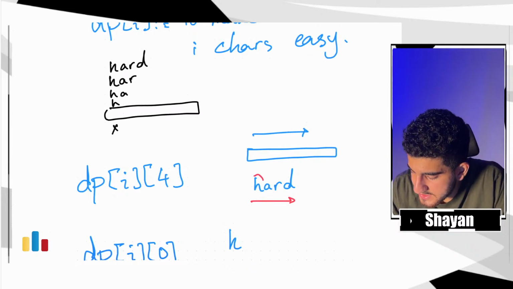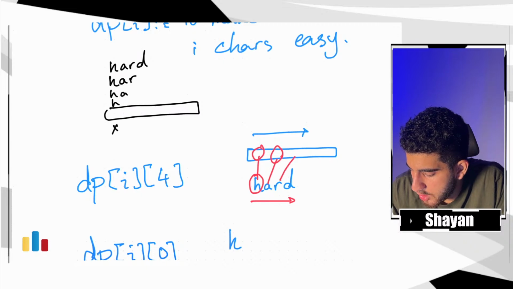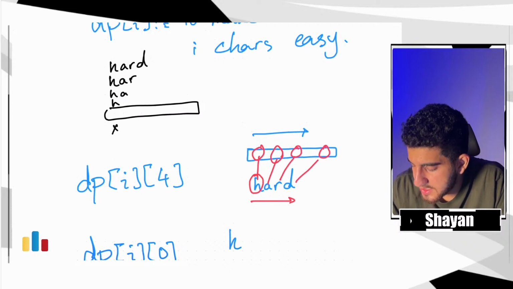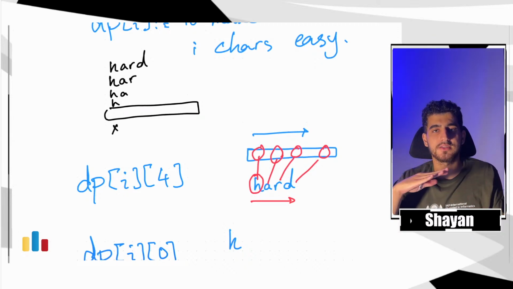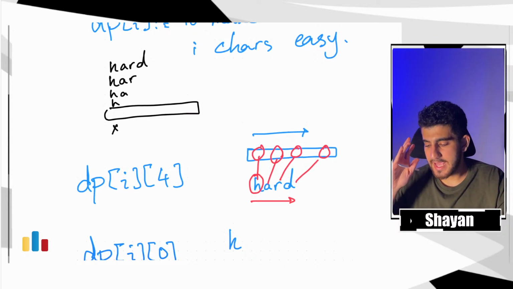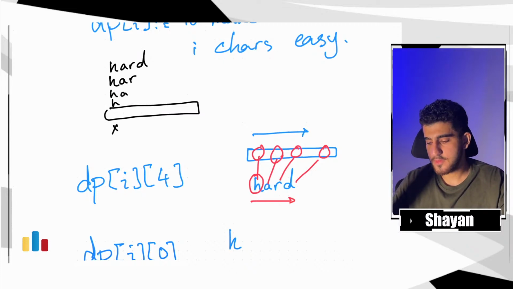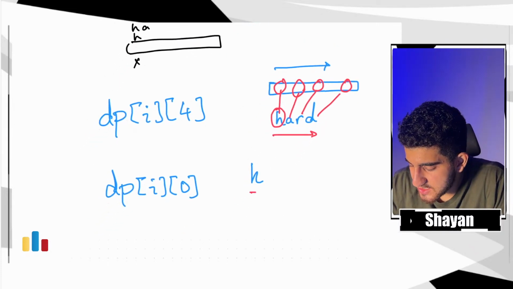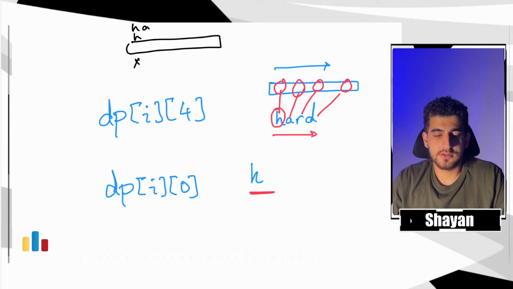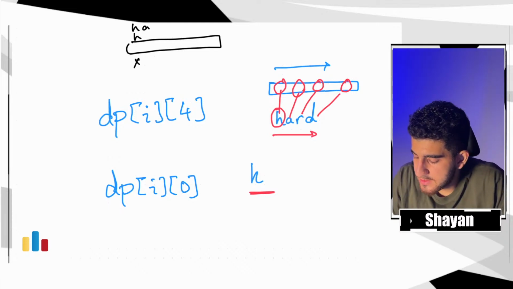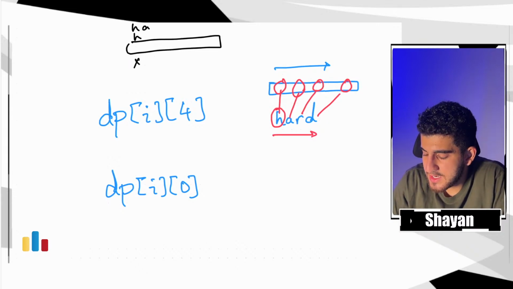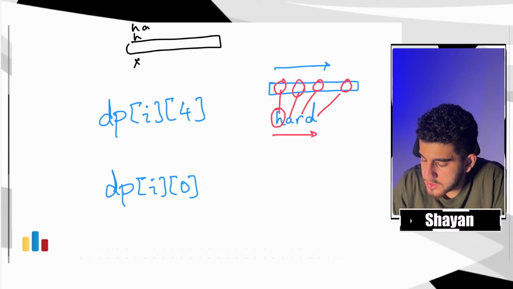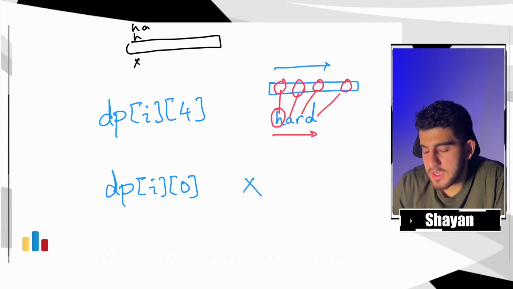First you need to match H with some character, then A with some character, then R, and then D. So nothing can be matched while H is not matched yet. If H is not matched, nothing is matched so far. So DP of i and 0 means the minimum cost such that nothing from hard is matched so far.